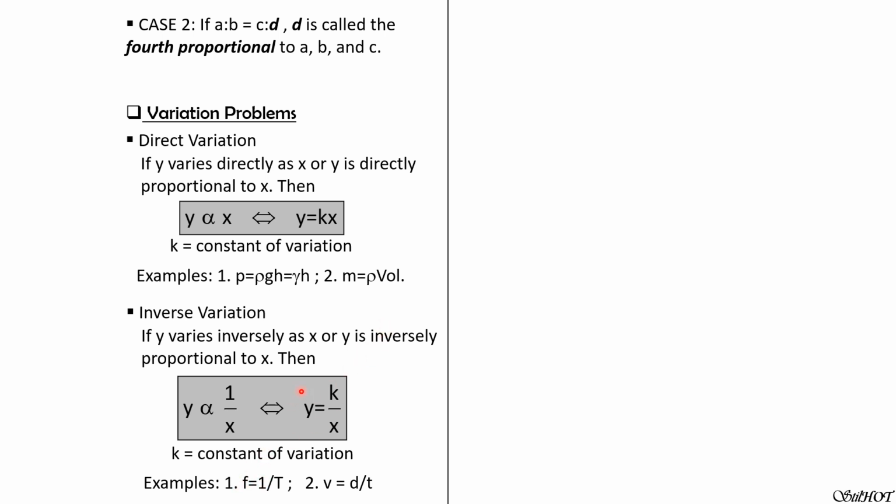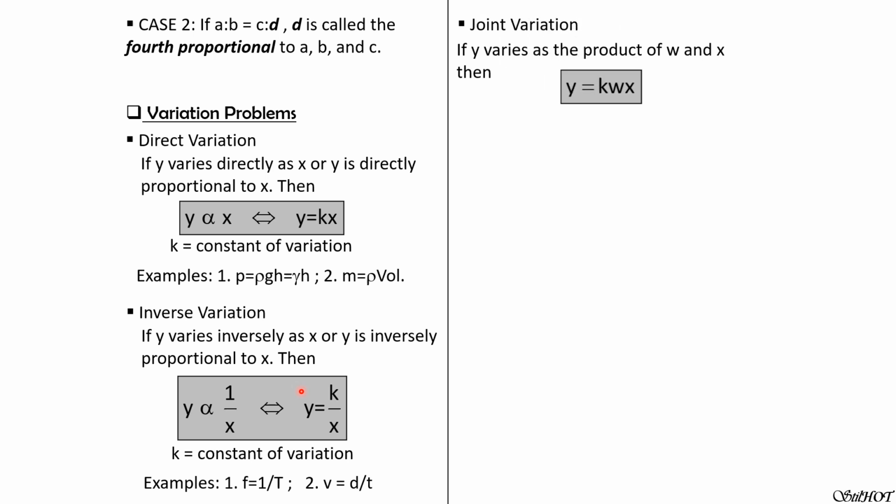Then next we proceed to joint variation. When you encounter statements if y varies as the product of w and x, then we transform that into an equation y equals kwx. So it doesn't mean the exponents of these quantities are unity or 1.